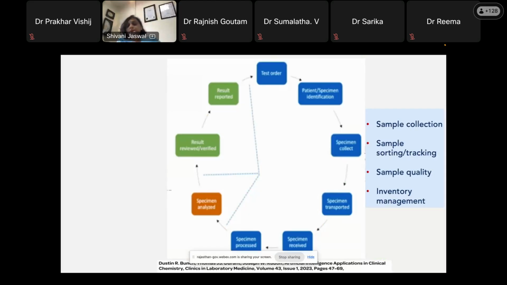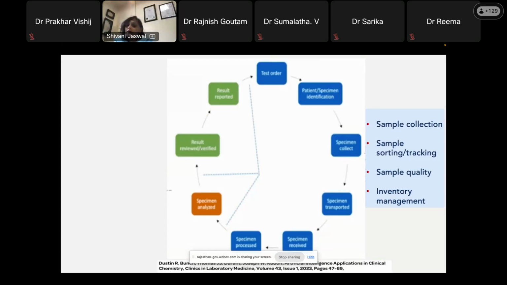So some algorithms can be utilized, and again the sample collection errors can be identified. Even in sample sorting and tracking, these AI tools have been utilized to detect any anomalies like hemolysis or contamination, so sample quality or sample integrity can also be checked.